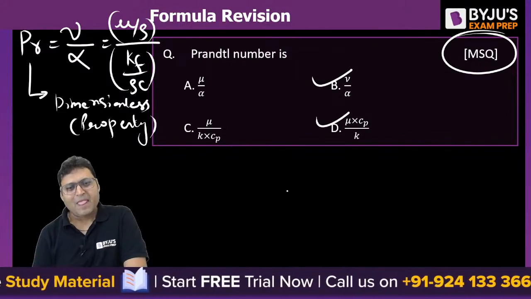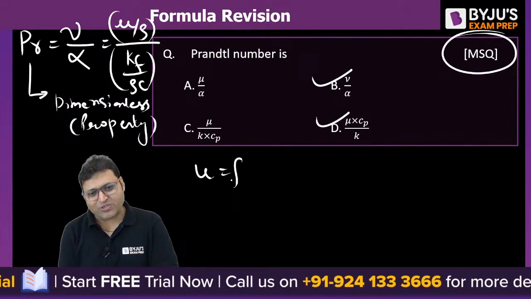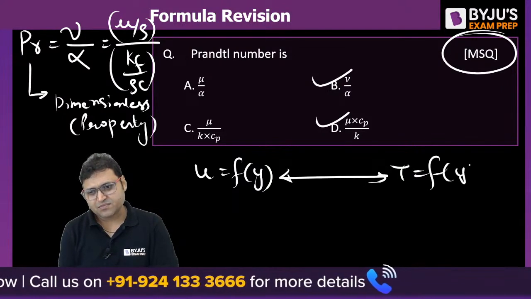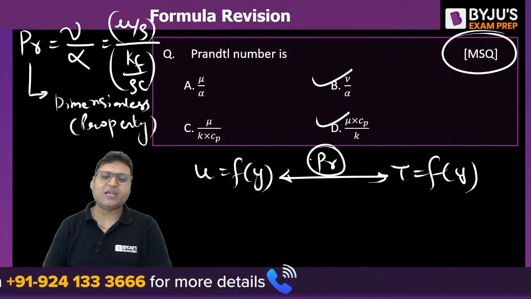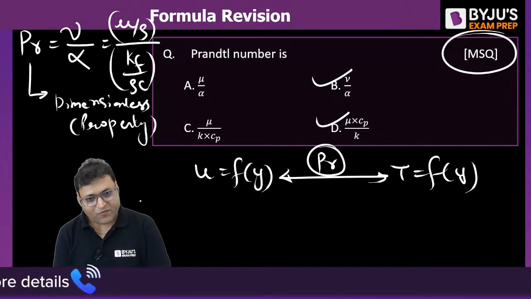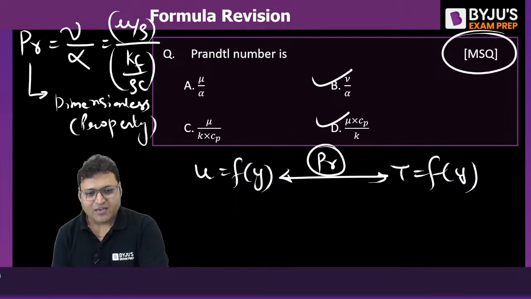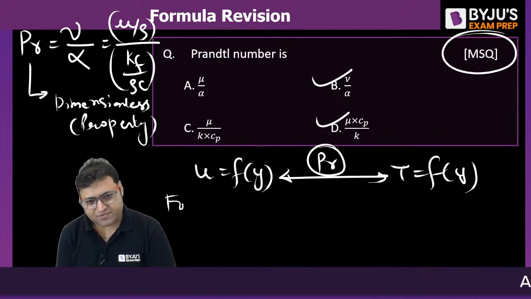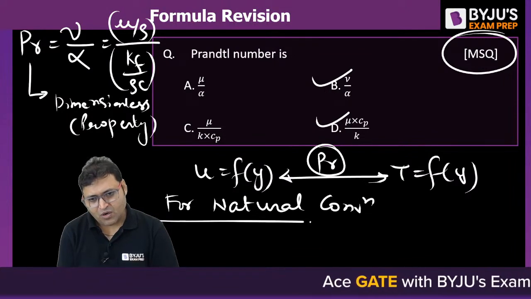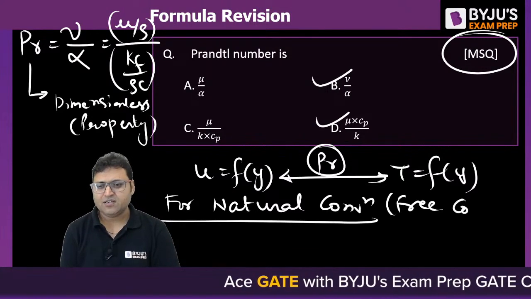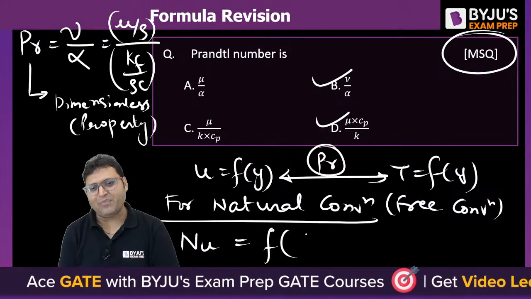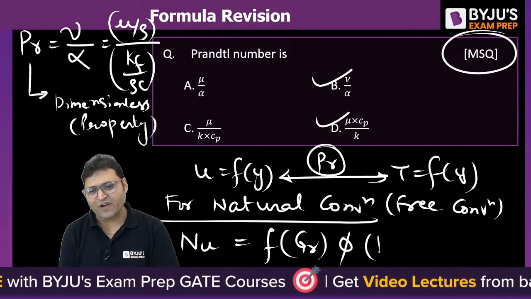Answers are B and D. It is the connecting link between velocity profile and temperature profile. For natural convection, or free convection, we can say Nusselt number is a function of Reynolds number, which will be replaced by Grashof number, into a function of Prandtl number.